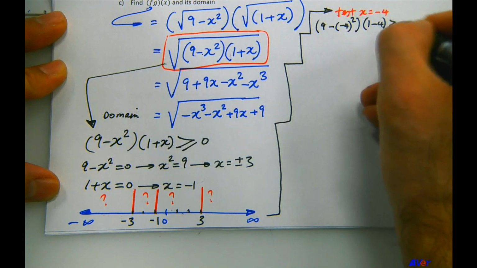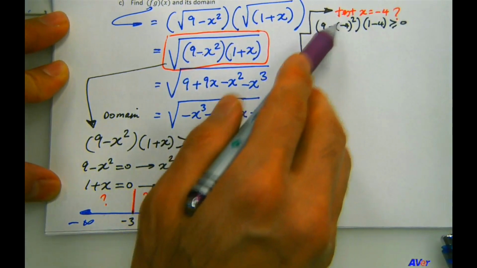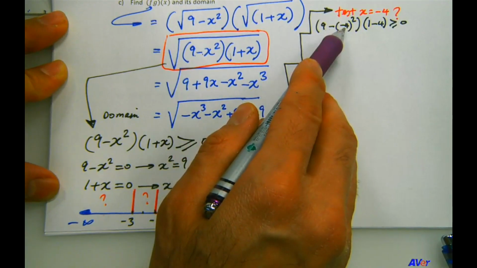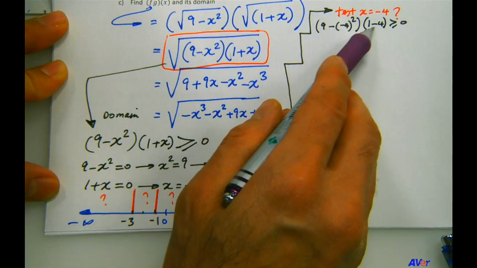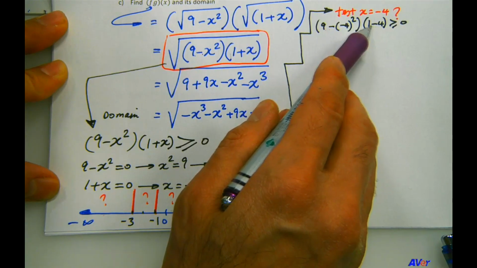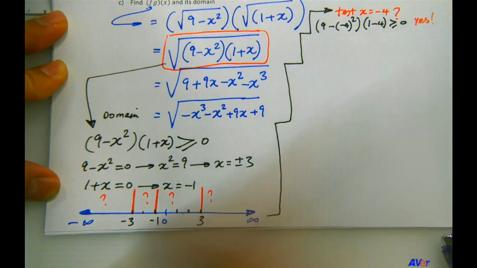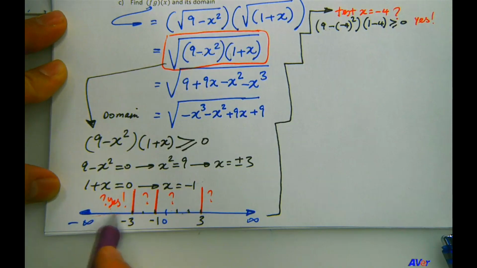Is that greater than or equal to 0? -4 squared is positive 16. 9 minus 16 is negative 7. Negative 7 times negative 3 is a positive number. So yes, this region is acceptable, part of the solution.